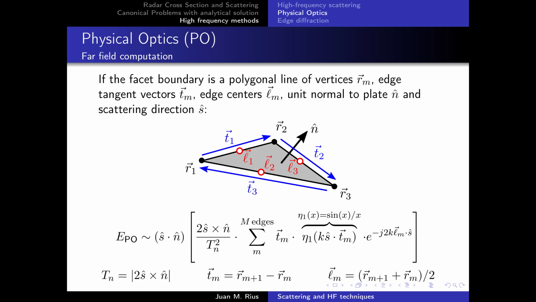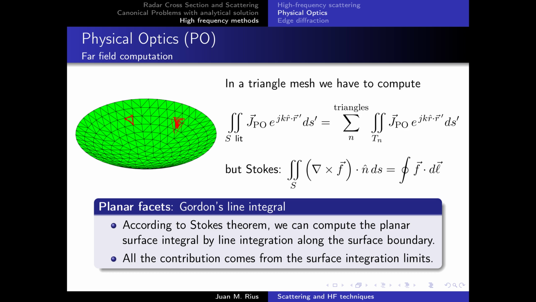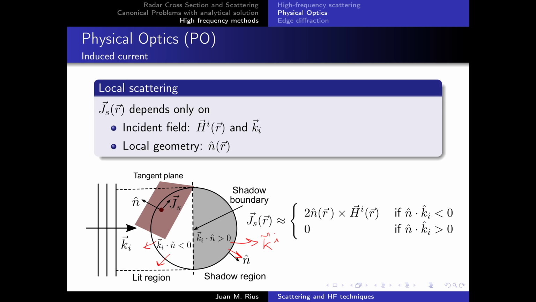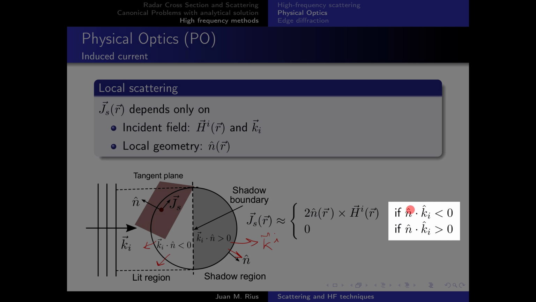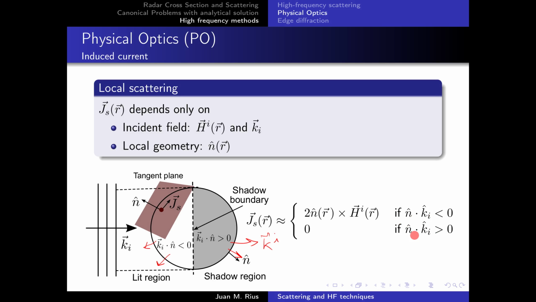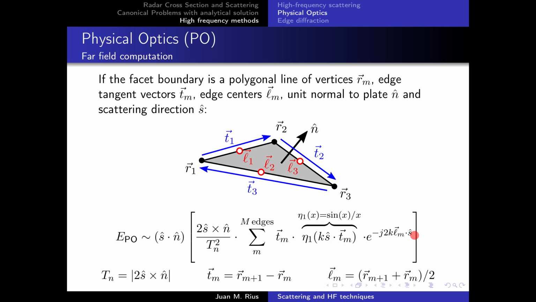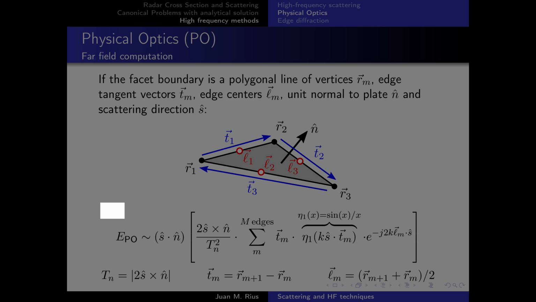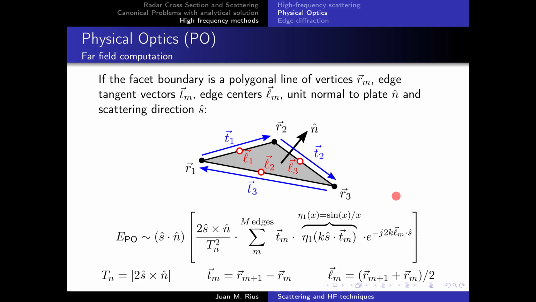In fact, it's quite easy to identify illuminated and shadow surfaces with the dot product criterion, and it is quite easy to compute the physical optics surface integral with the Stokes theorem. This is called Gordon's formula, by the way.